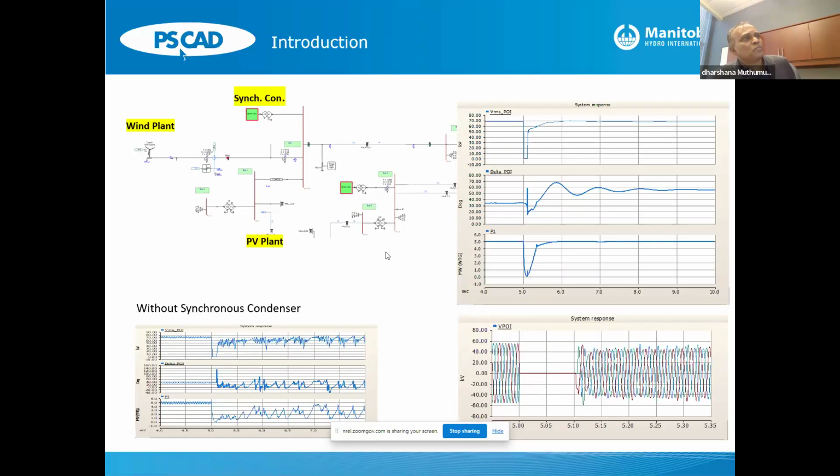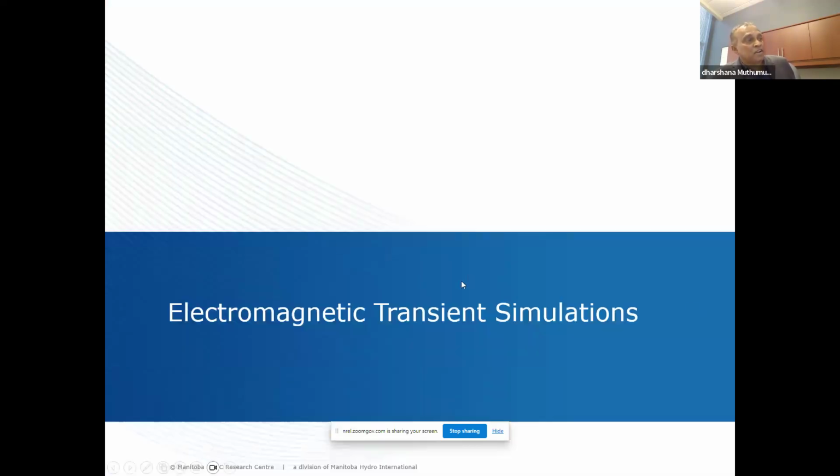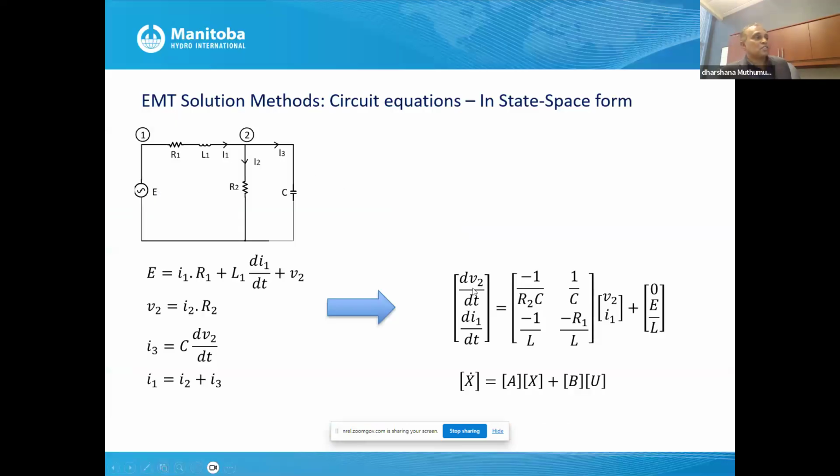Next, before I talk about inverters and some simulation examples, I'm going to give you a little bit of background on electromagnetic transient simulations, right? So at the end of the day, what we are trying to solve are circuit equations.